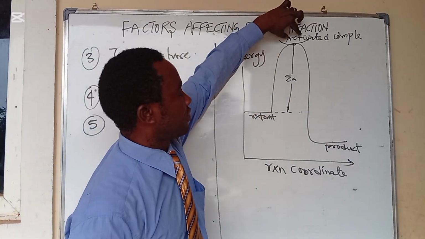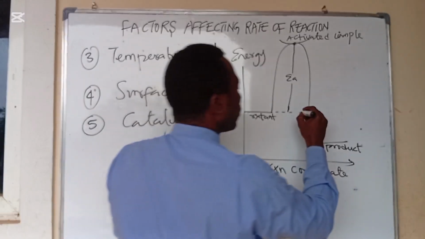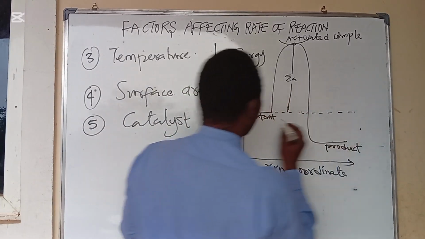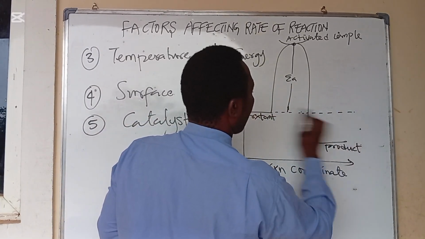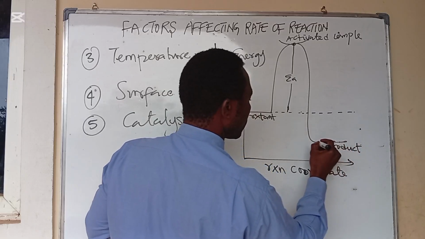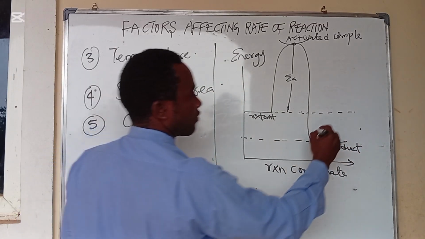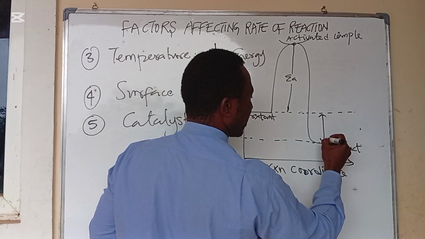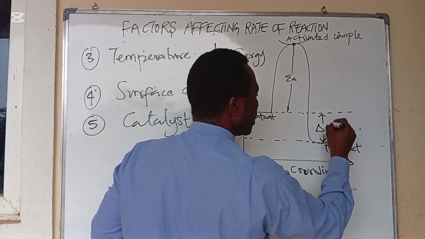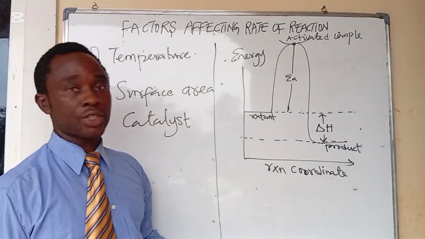This is the activated complex. Now, if we take the line of the reactant and extrapolate it to this place also, from here to here is actually the change in enthalpy of the reaction.